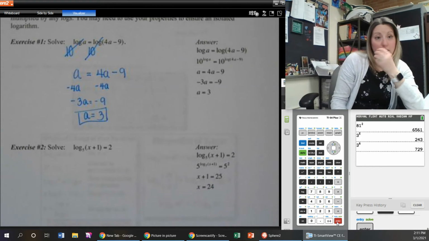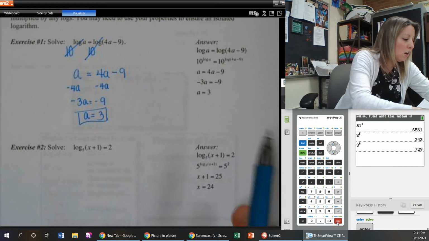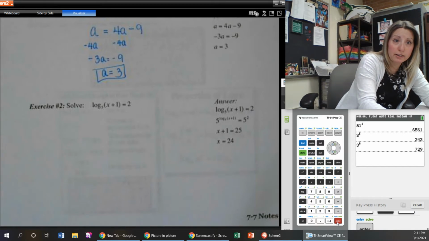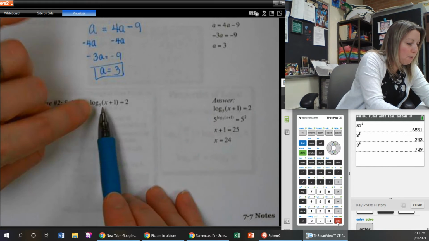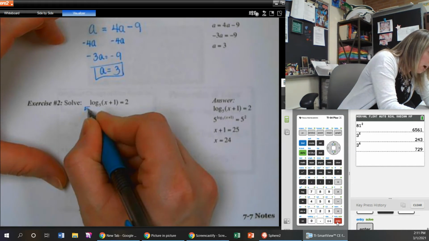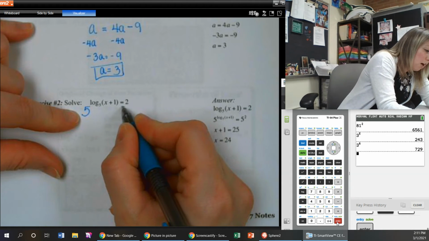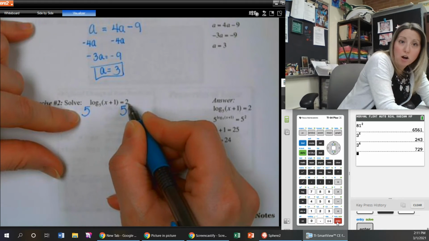There are two ways I can solve exercise 2, and I'm going to show you both ways. Okay? The first way is to recognize, oh, okay, my base is 5. Cool. So I'm going to use 5 as my base and put these two things in my exponent. Well, on this side, that doesn't mean a log in the exponent.